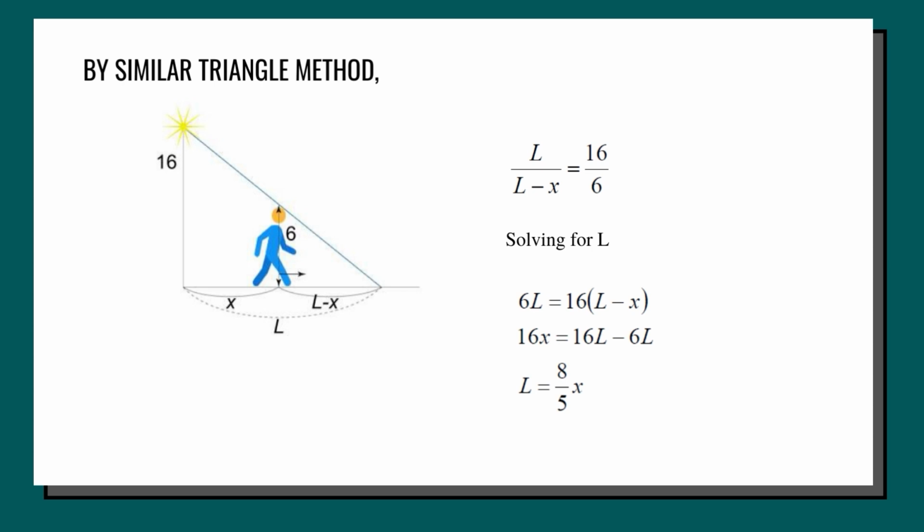Starting with the ratio between the adjacent sides of the bigger triangle to the smaller triangle, we have L over L minus x. Now, this is equal to the ratio between the opposite sides of the bigger triangle to the smaller triangle, which is 16 over 6. So solving for L, this would give us L equal to 8 over 5 of x. So this is now our working equation.